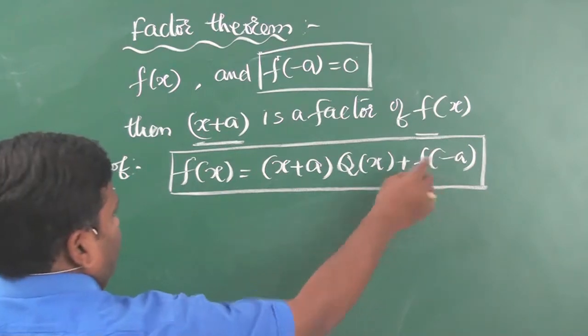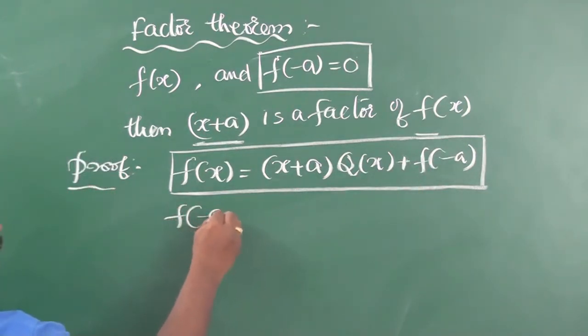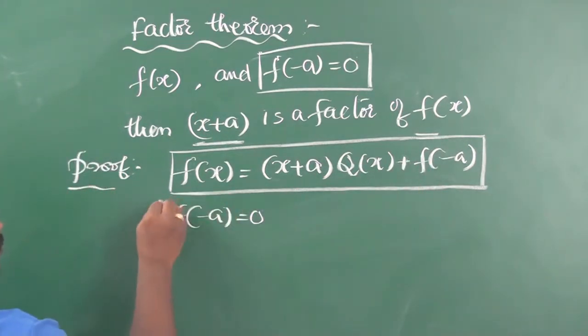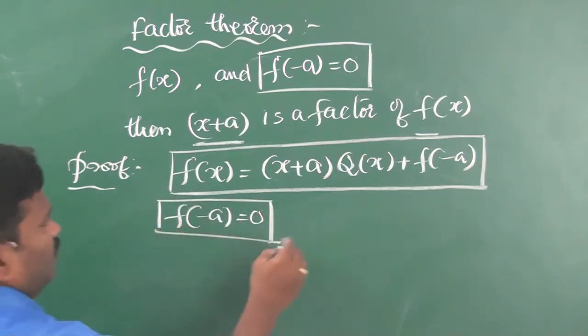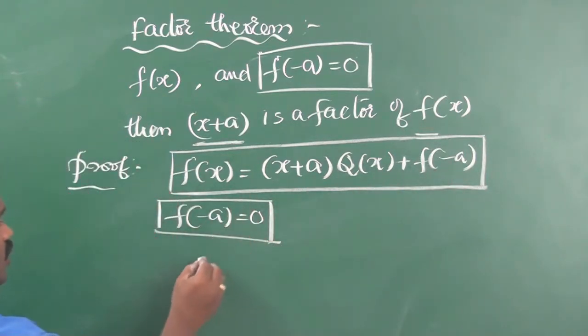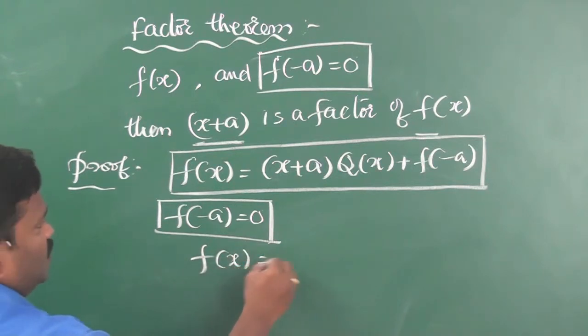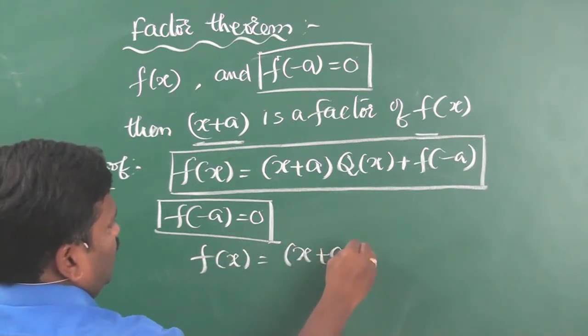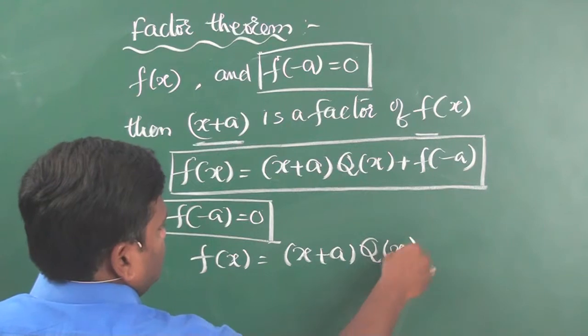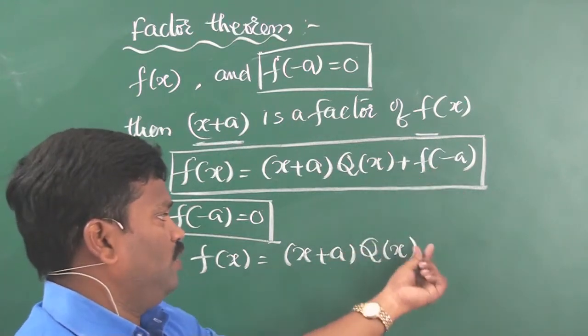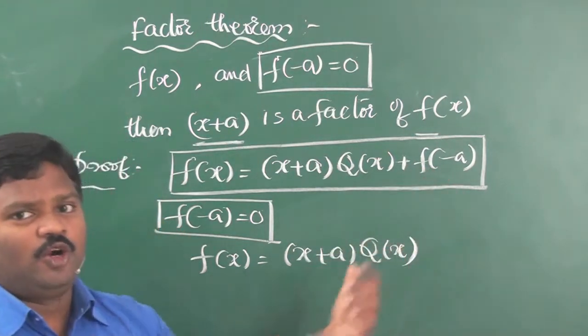In place of f of minus a, substitute 0. What will you get? F of x is equal to x plus a into q of x. This value is 0, so we need not write it.